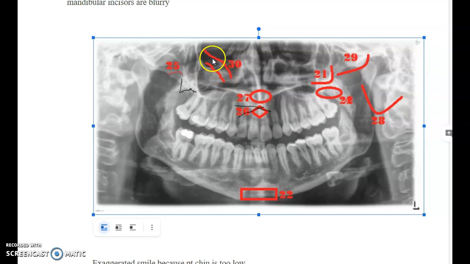That's a radiolucent line right there, on the around the maxillary sinus area, leading to the infraorbital canal, or it leads to the infraorbital foramen.